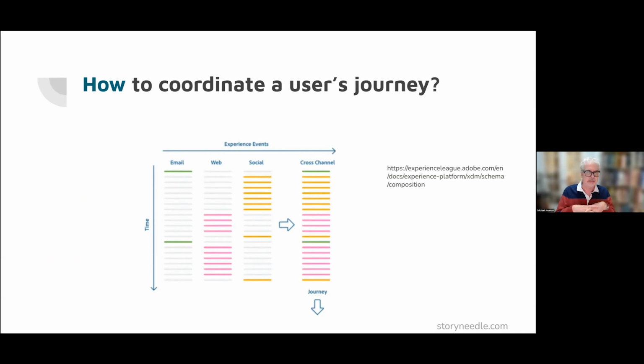They are emphasizing three channels here, social being one of them. That's not really my focus, but whatever you're doing, you probably think about your users as not being restricted to one channel. So this really helps us a lot with thinking about the fact that people have a journey that is moving across different touch points at different times.